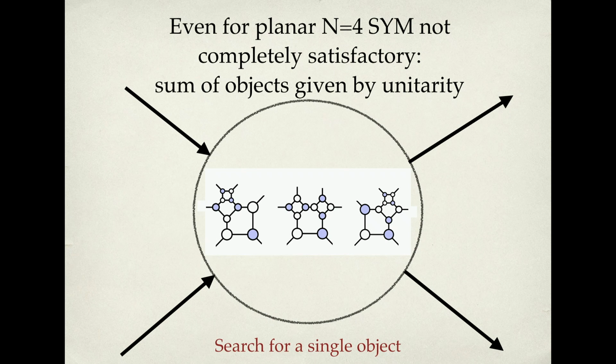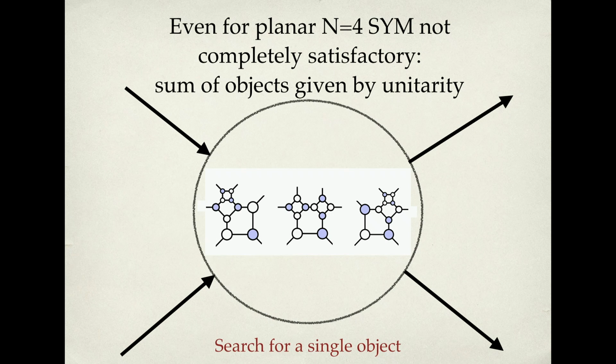And furthermore, this sum is given by unitarity. How do I know that it's these 3 diagrams and not some other 3 diagrams or 5 diagrams and so on? This was told to me by these recursion relations, and recursion relations is just unitarity, just saying that the amplitude factorizes on these poles, and I have to sum over all these factorizations.